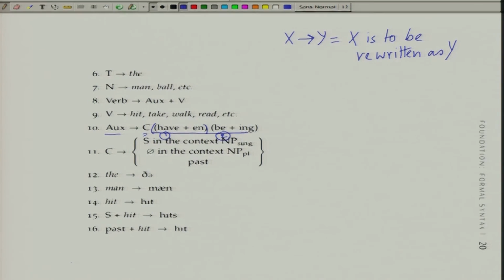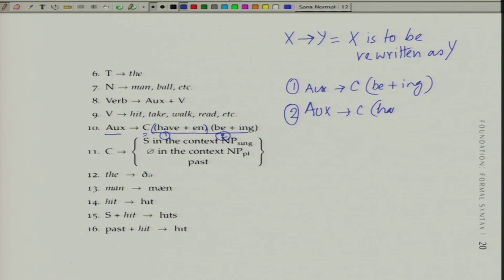That is, I can either go for this combination. I can either say that aux means auxiliary, basically it goes to C has to be there, remember, and then it is B plus ing. This is fine. Or I could have done aux goes to C, have plus N. Also I could have taken both.